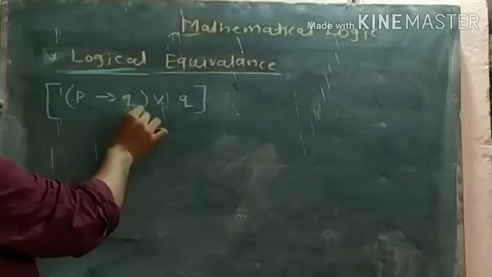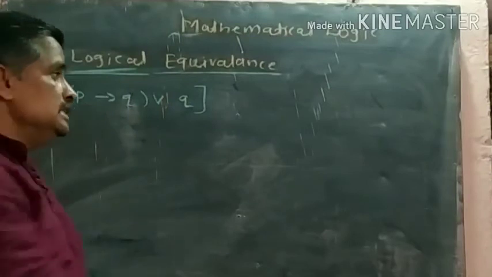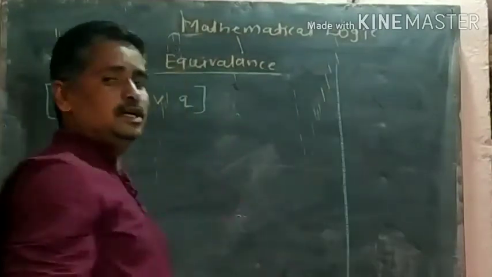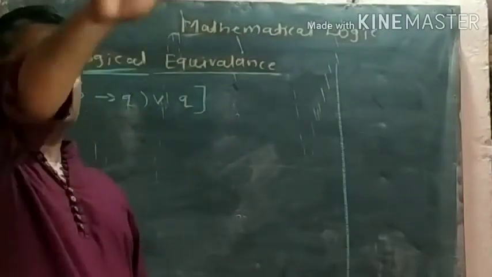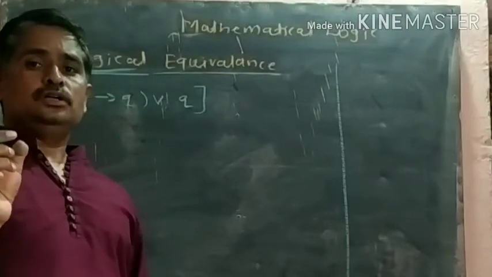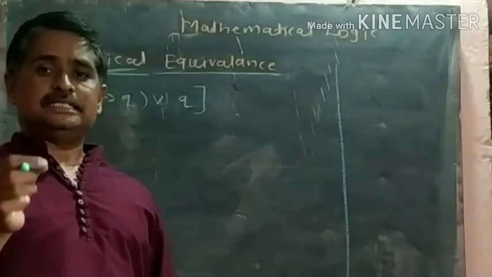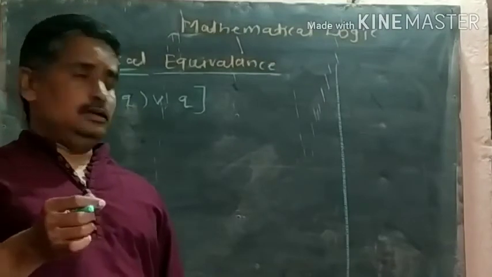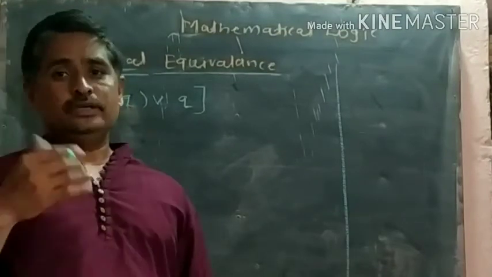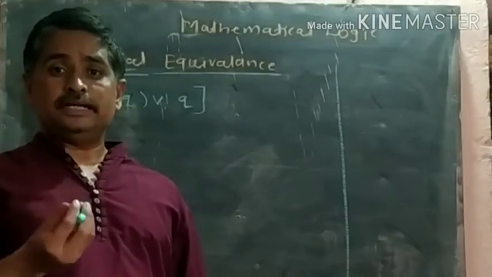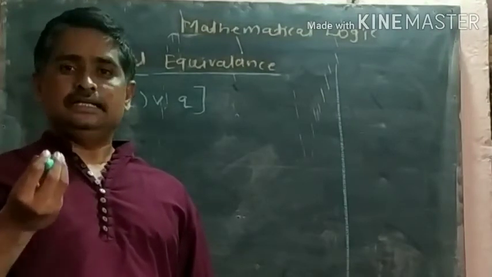We have to construct a truth table of this logical statement. For this purpose we want to determine how many rows and how many columns are present in that truth table, and we can calculate this in advance.